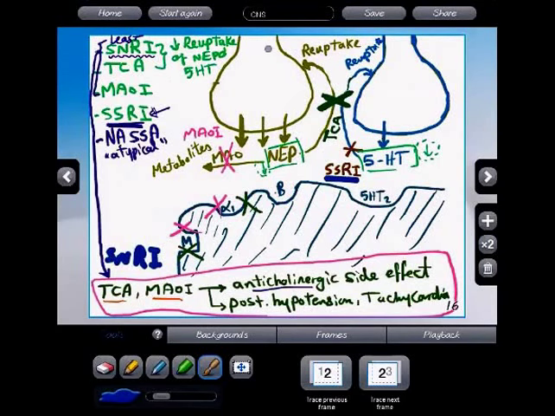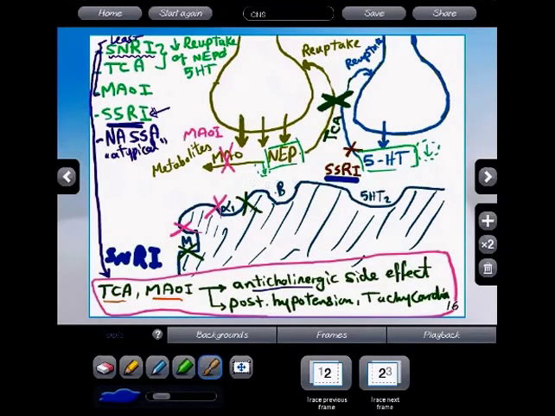If you look, guys, this is the norepinephrine released from the sympathetic nerve, and here is serotonin released by serotonergic nerves or neurons. If you remember, we said that depression comes from what?